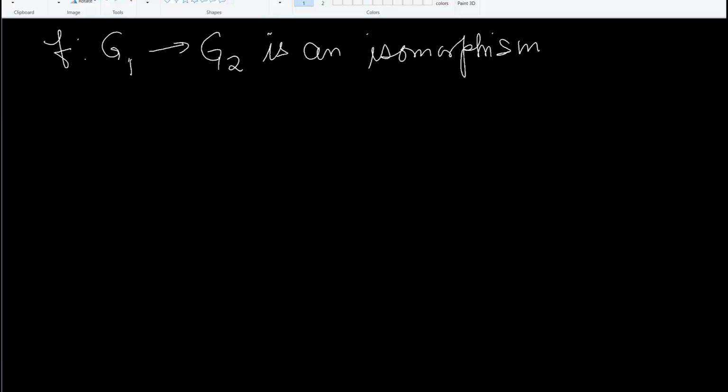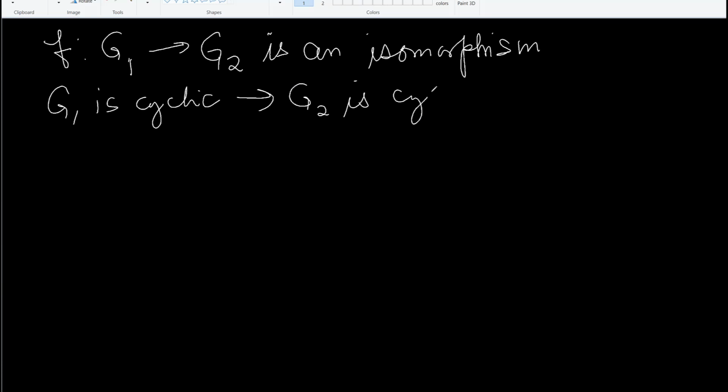So we have an isomorphism between G1 and G2, and what we have to show is that if G1 is cyclic, then G2 is also cyclic.